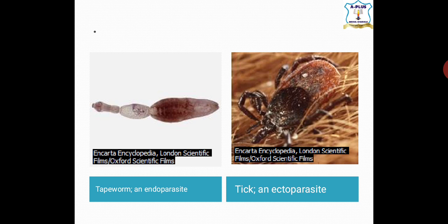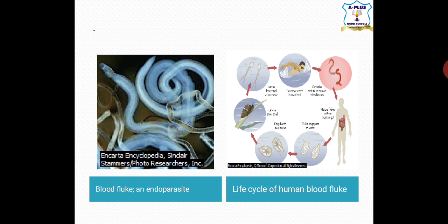A tick is an ectoparasite. That means it lives outside its host. They are both parasites. This is another one, the blood fluke. The blood fluke is an endoparasite too. It also lives inside the host. Now you can see the life cycle of a blood fluke.